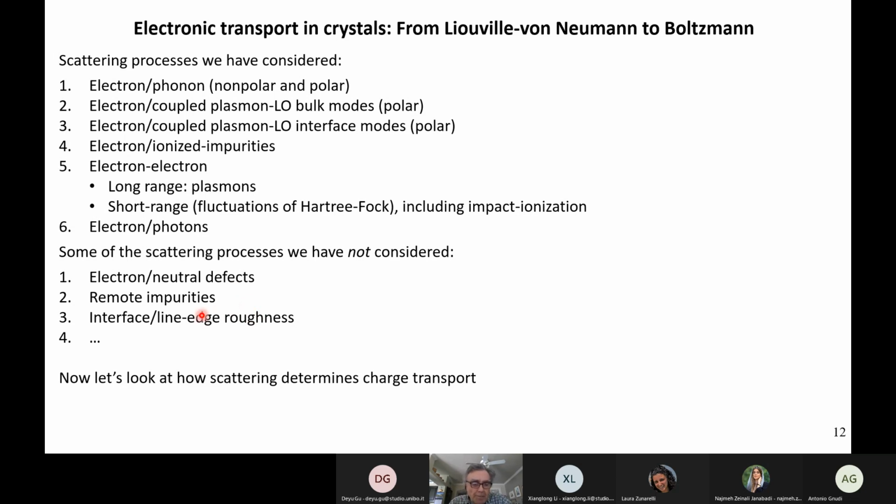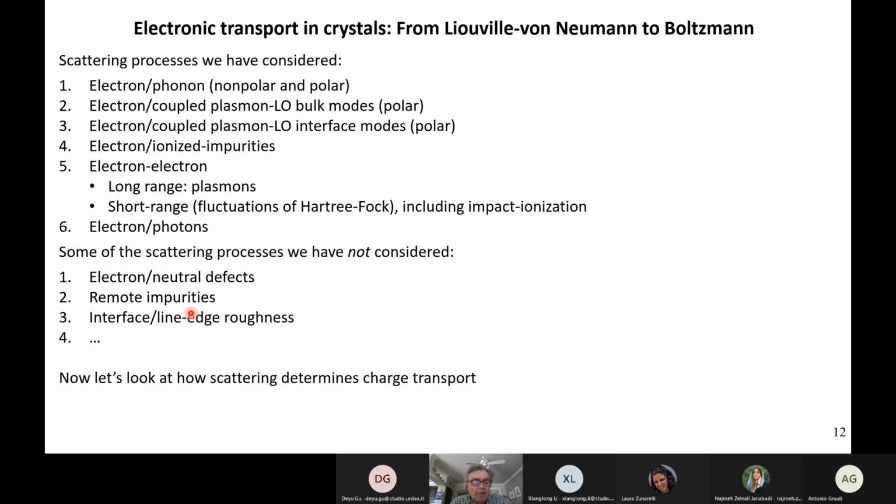Although I think that the mobility and the transport properties of thin silicon still exceed what you can get from two-dimensional materials. But anyway, a lot of funding in this area. So this is something that we may talk about when we talk about electronic transport in low-dimensional materials, because it's a dominant process, very important.